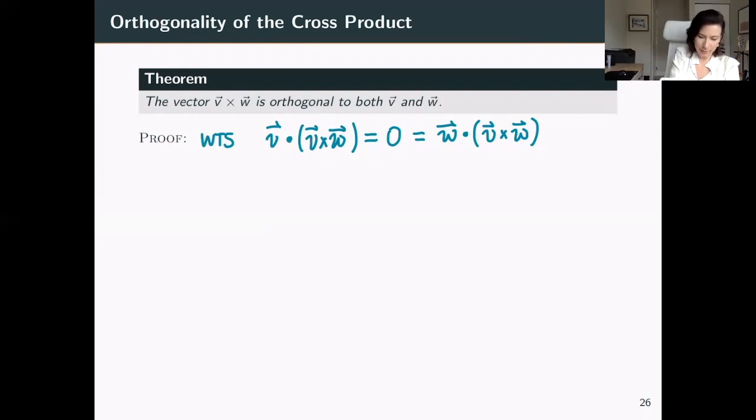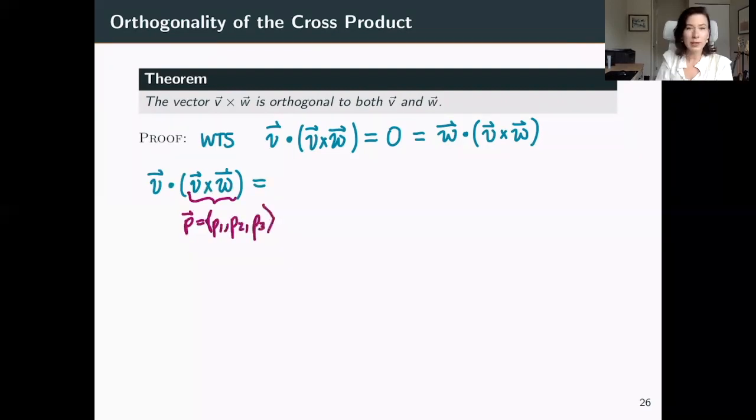So we'll have that v dotted with v cross w is going to be equal to, let's go ahead for shorthand and call this p, equal to p1, comma, p2, comma, p3. A little bit of shorthand just to make things easier. The dot product then is going to be equal to v1 times p1 plus v2 times p2 plus v3 times p3.